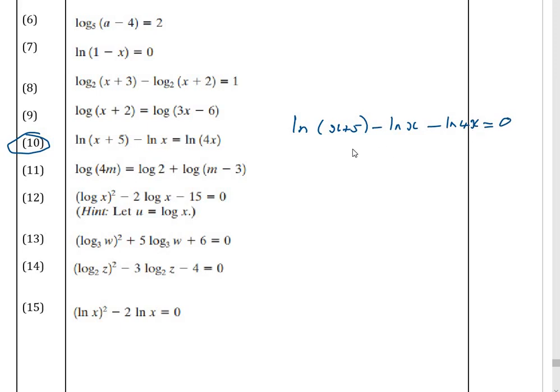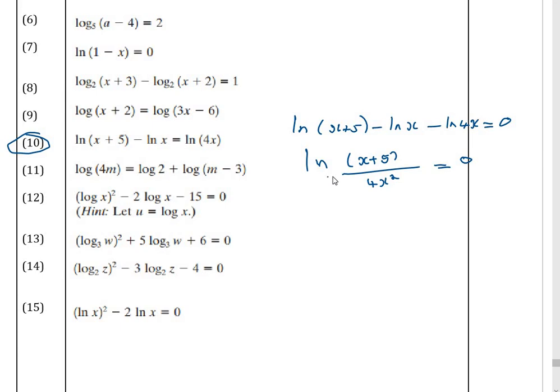So make a single ln. So this is going to be ln. X plus 5 is going to be in the top numerator. And both those two is going to be in the bottom. So this is going to be x times 4x. This is going to be 4x squared.